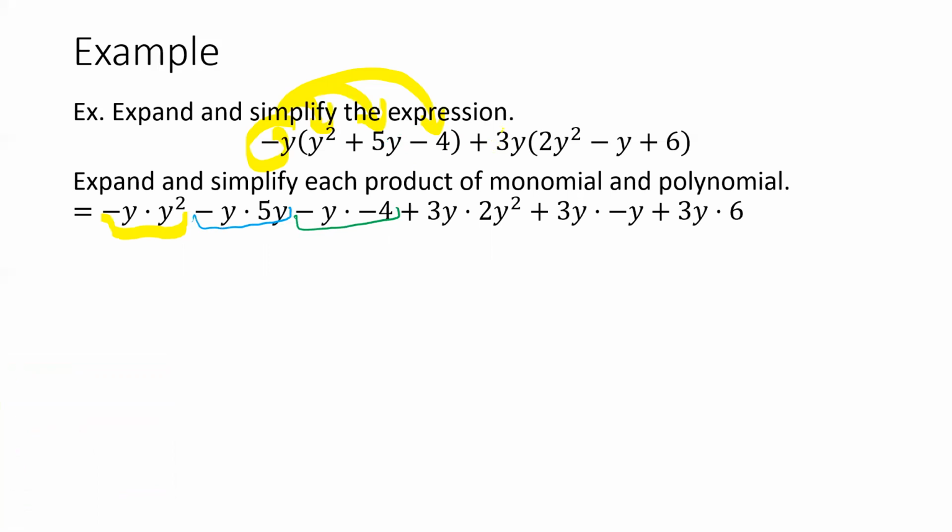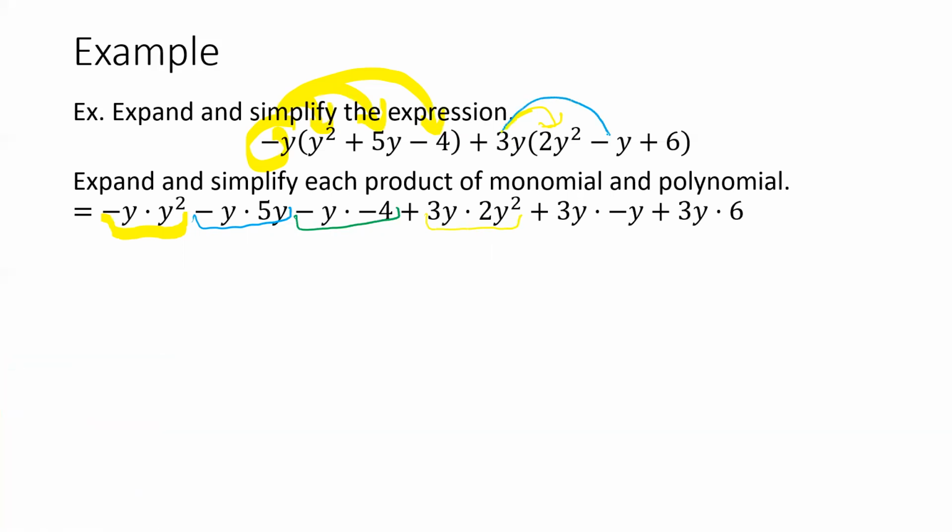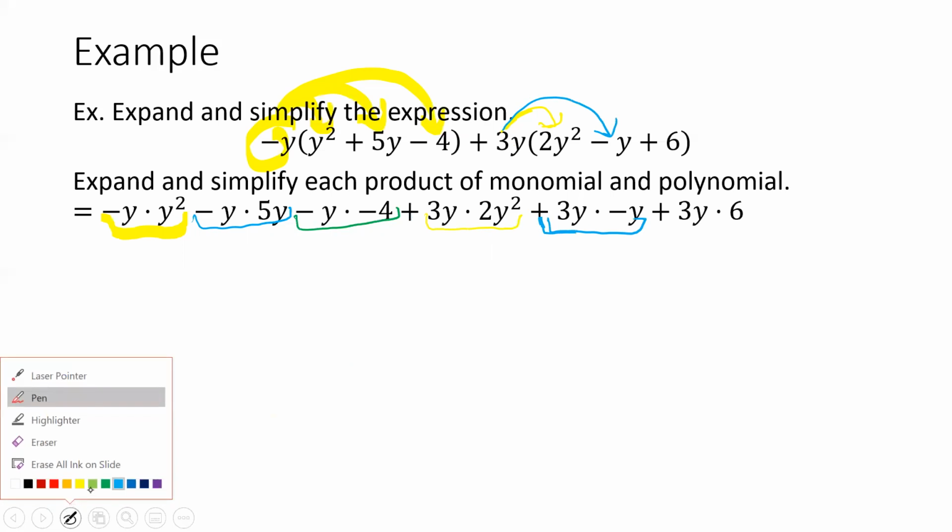So I'm going to take the 3y, the next monomial, and multiply by the first term in the polynomial in the brackets. So I'm going to take 3y and multiply by 2y squared. And then I'm going to take 3y and multiply by -y. And that gives me this expression right here with the sign, really important. Make sure you include the sign there. And then, of course, I have 3y multiplied by 6 at the very end there.